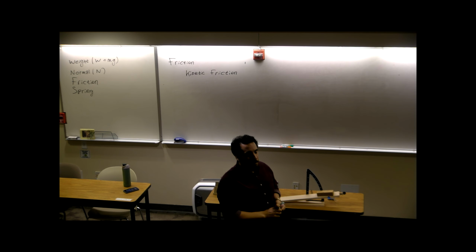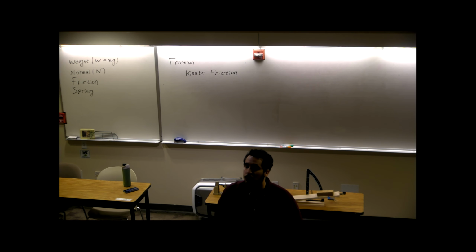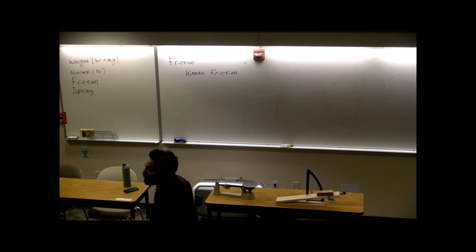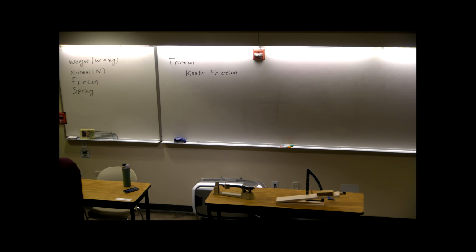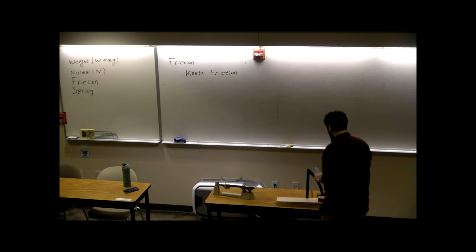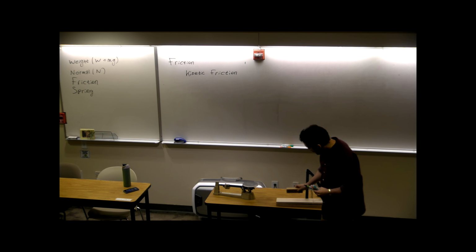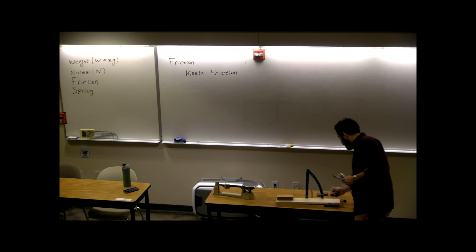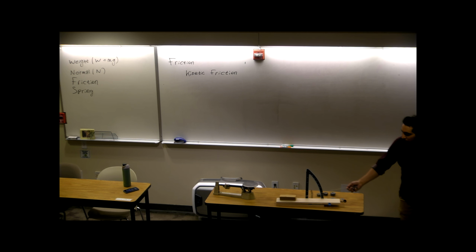This is a type of friction that, unlike static friction, is involved with the motion of objects. If an object is moving, sliding across a surface, we say that that sliding across a surface causes a frictional force. We take this block and we pull it across the surface and we listen carefully.